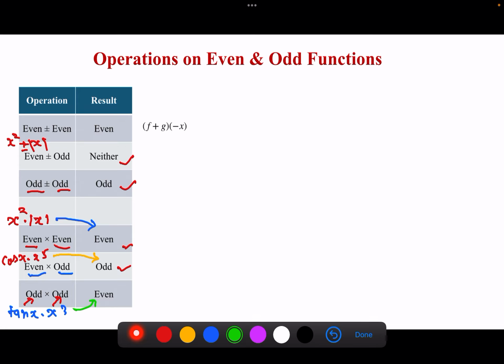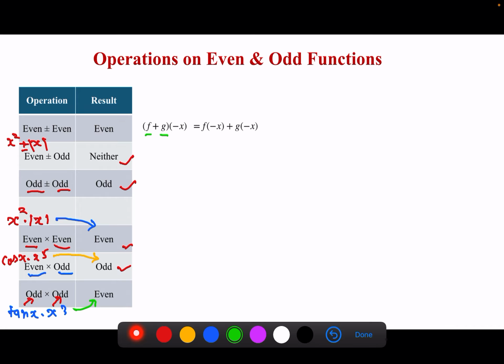These results can be proved mathematically. Let's take two functions f and g, and first we check whether f plus g is even, odd, or neither even nor odd. Here we are going to discuss four cases.